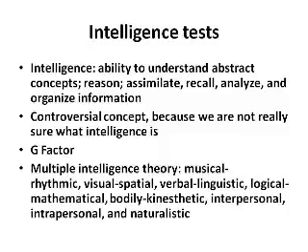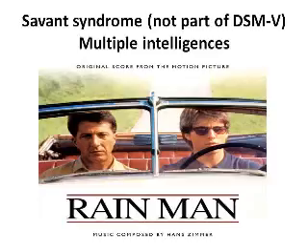So people who defend the multiple intelligence theory usually point as a fact that one can find people with what used to be called savant syndrome. Now, savant syndrome is not part of DSM-5 anymore, but it's usually presented as a mental condition where people may be severely intellectually disabled in some areas, or in most areas, but in some specific areas they have very high intelligence.